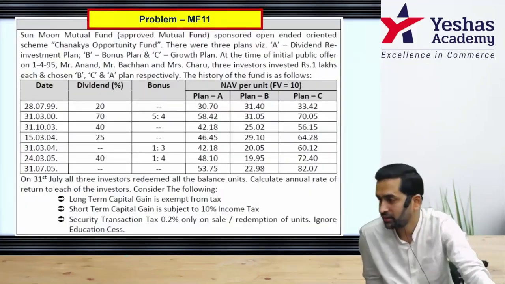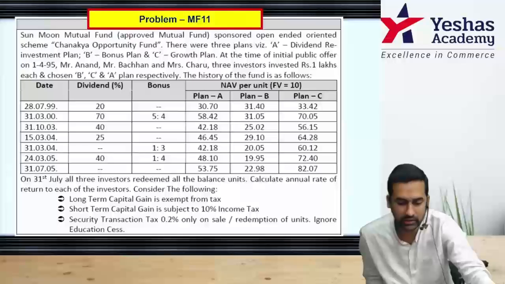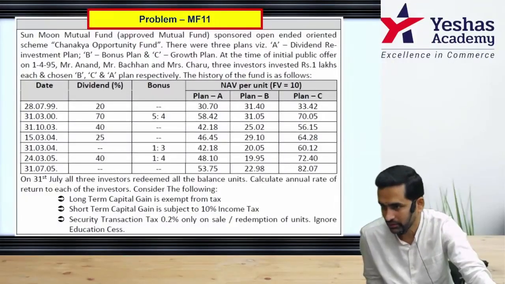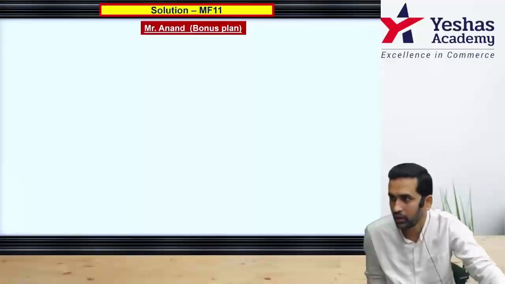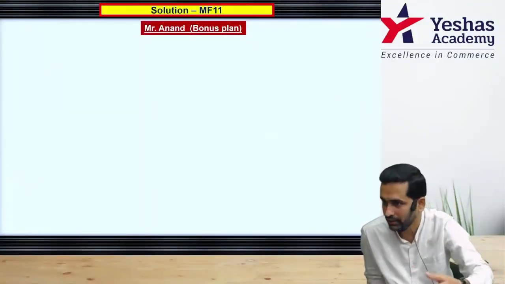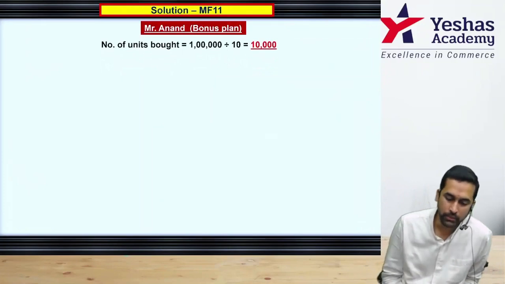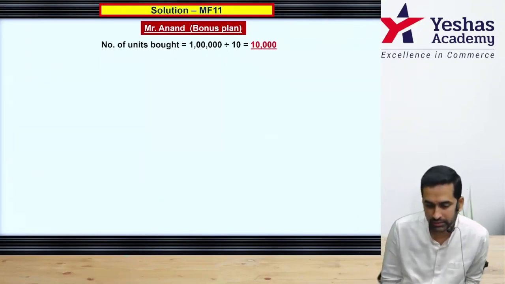They said they invested 1 lakh rupee and starting point was 10 rupee. That means number of units he purchased on 1/4/1995 is 10,000. On this, bonus will be calculated. Number of units purchased is equal to 1 lakh rupee divided by 10. That is 10,000.